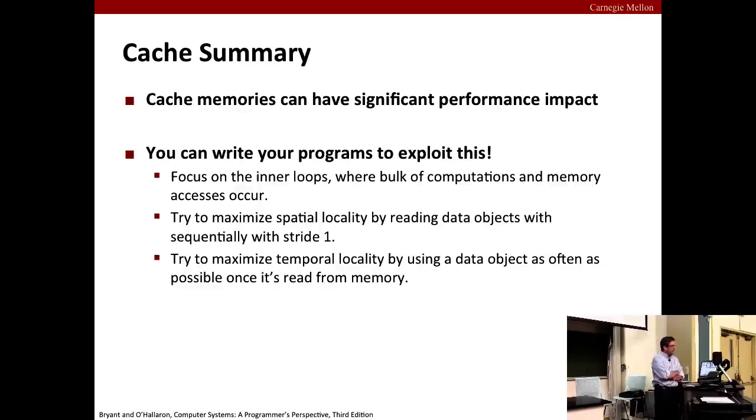And the way you do this is, like I said, focus on the inner loops. Try to do accesses that are stride 1, try to maximize spatial locality, and try to maximize temporal locality by reusing local variables, which can then be put into registers.